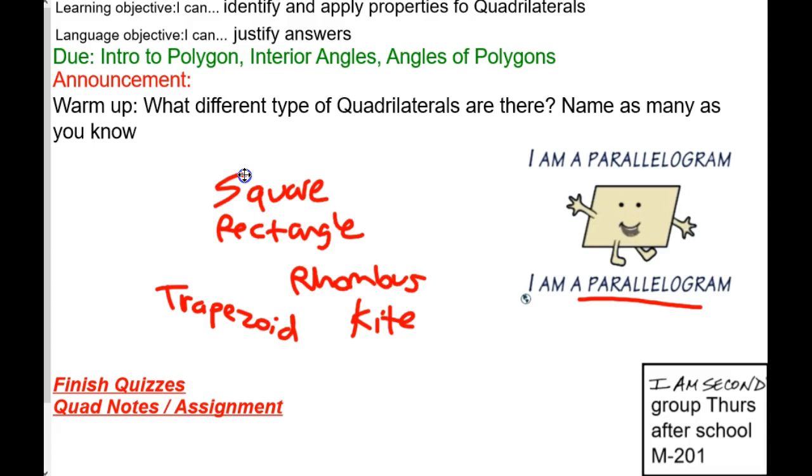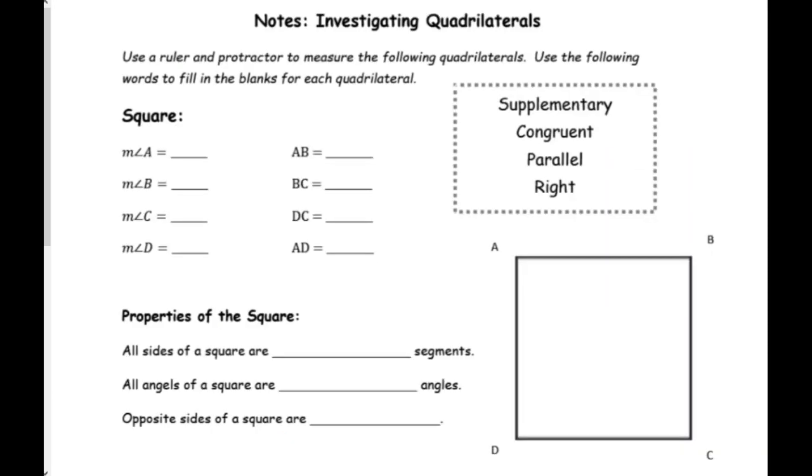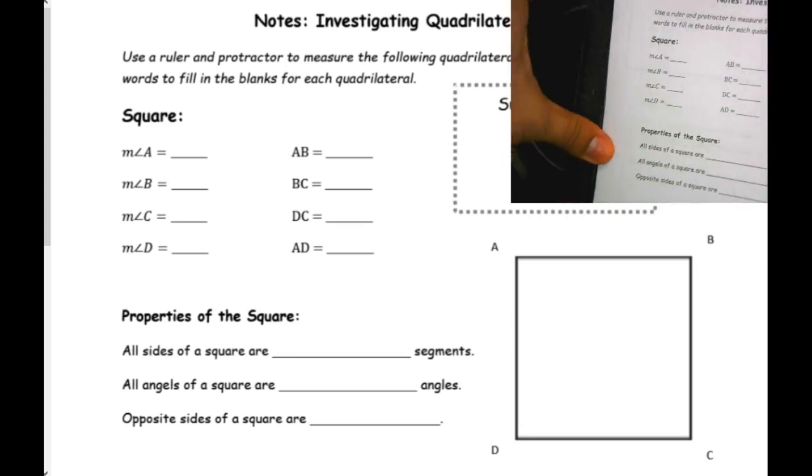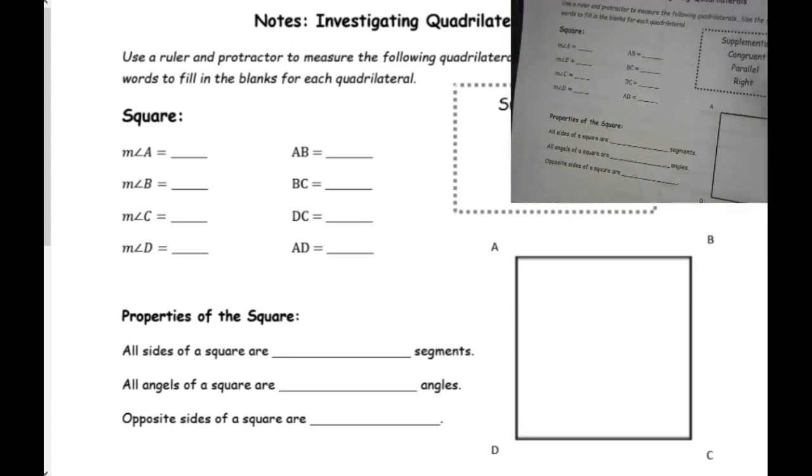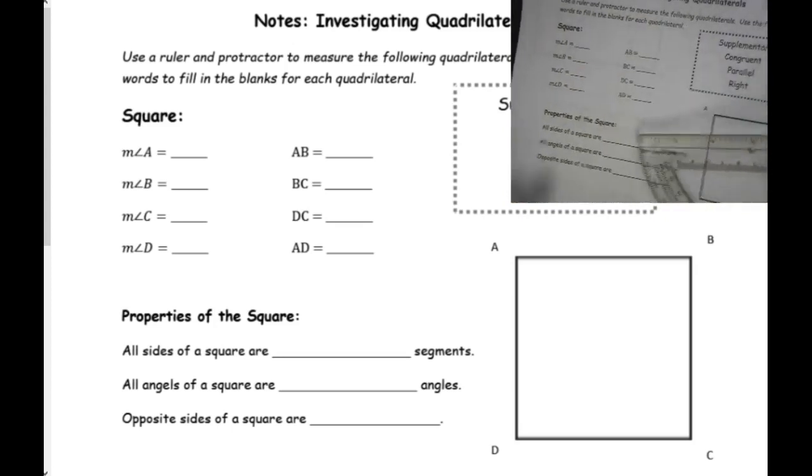Alright, so take a look at this. Okay, so on a square, now we're going to be using the protractor, and again, you can see me using it up here on this little video thing, but measuring each of these angles is what we're supposed to be doing.